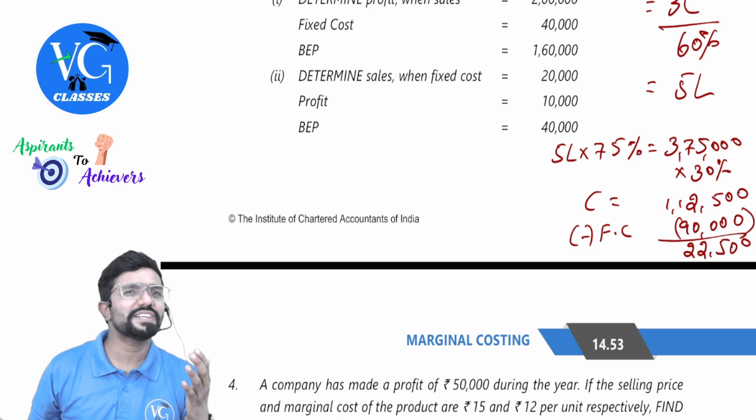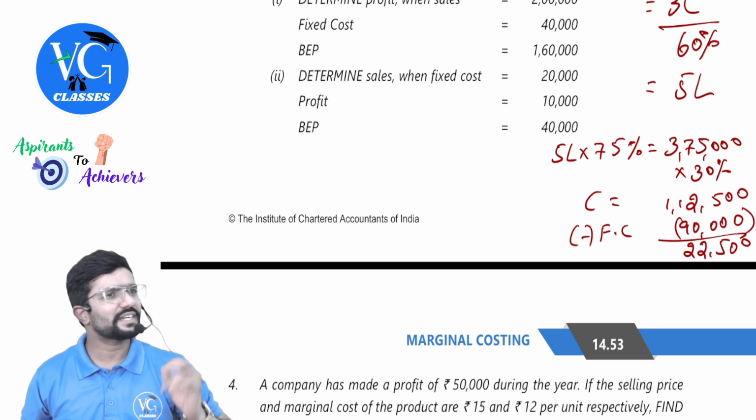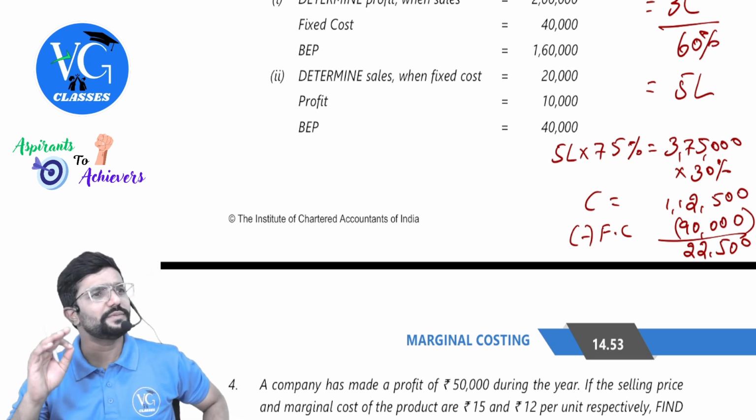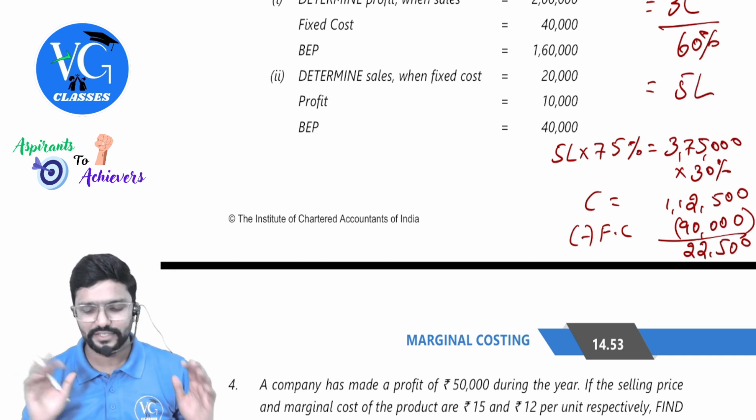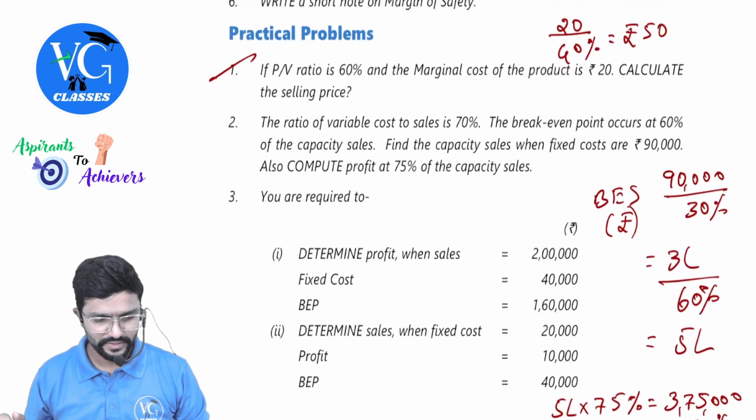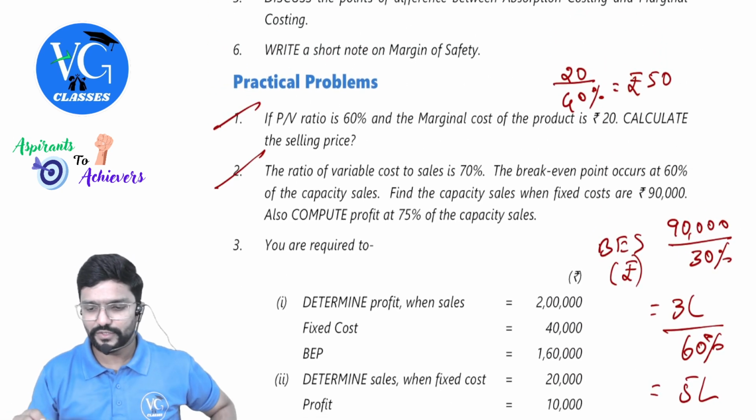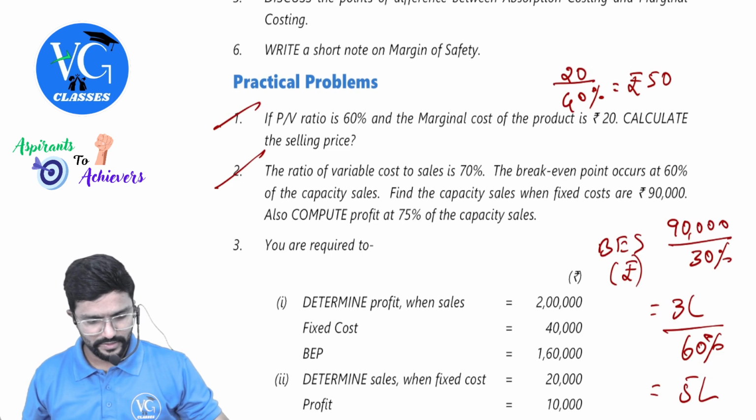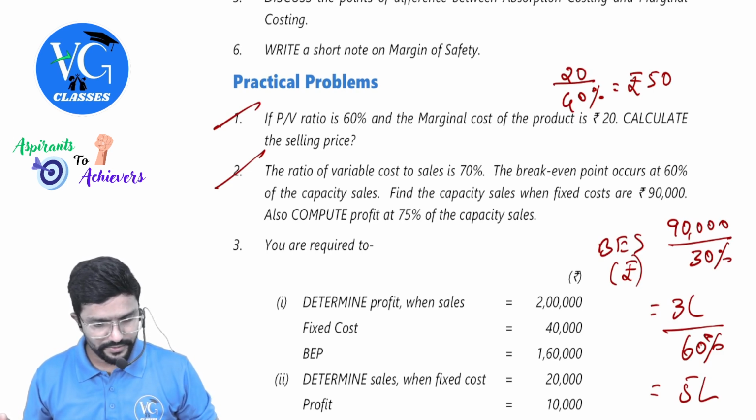See, this kind of question cannot be asked in MCQ. If you are conceptually strong, it is quick calculation. That's all. 22,500. Let me just look into the solution also once.